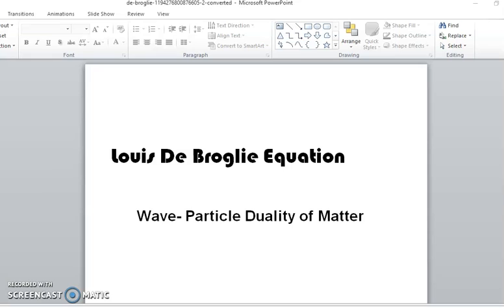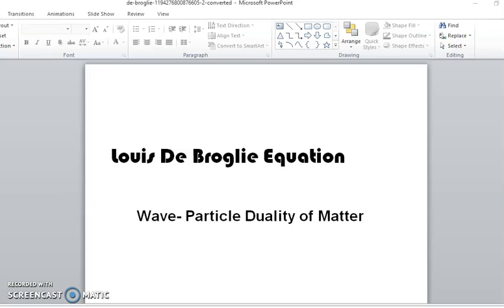A similar idea was proposed by Louis de Broglie also, and he proposed a wave-particle duality of matter, which means all forms of matter. It could be a cricket ball, a football, a car, whatever it may be. Whenever you are discussing their motion, it possesses some wave-like nature also.